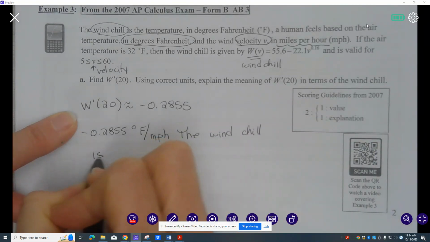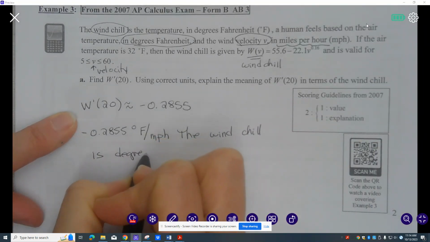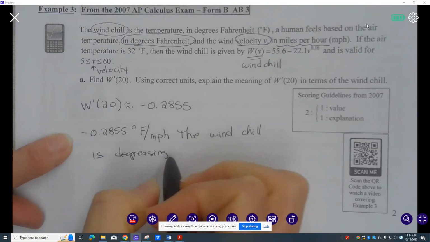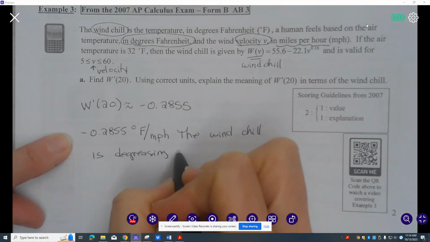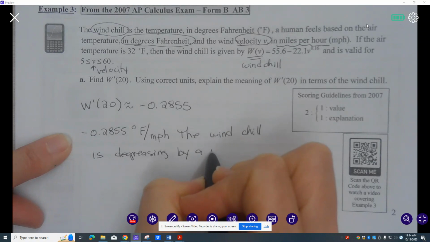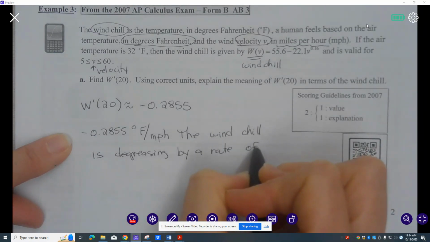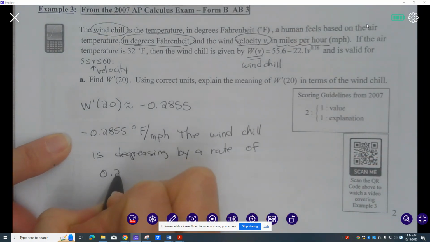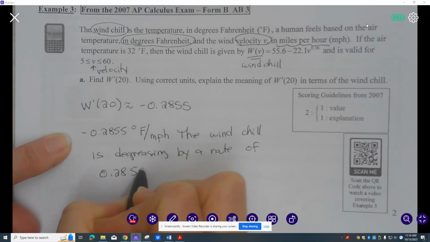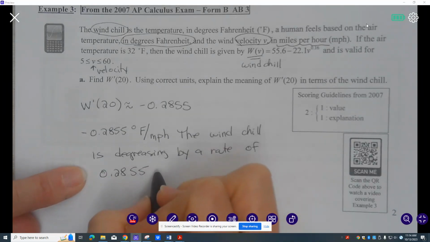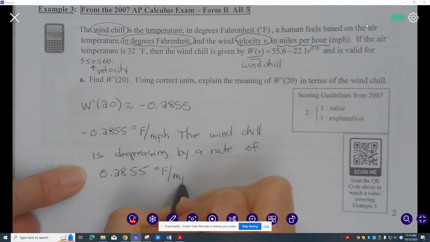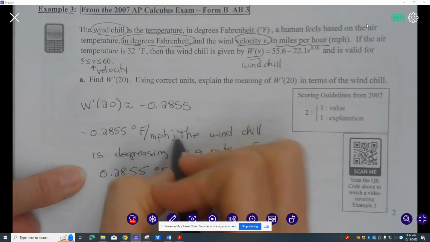is decreasing because it's negative by a rate of 0.2855. Hopefully you did your 3 decimals there. Degrees Fahrenheit, miles per hour. If you're wondering, did I have to write it twice?